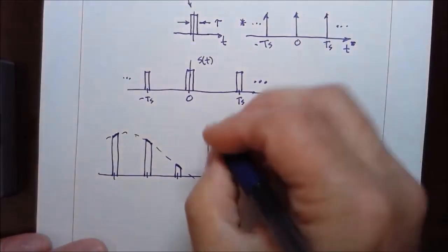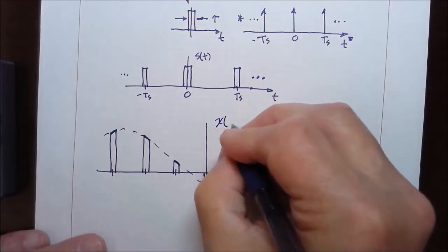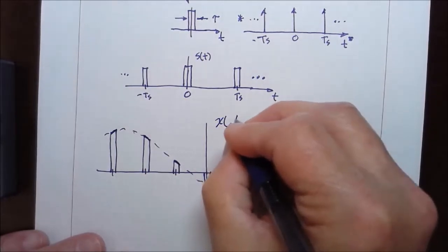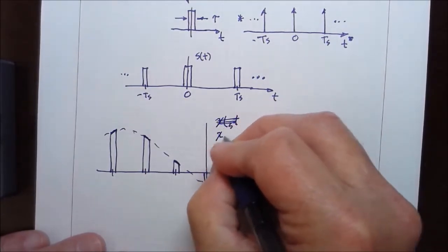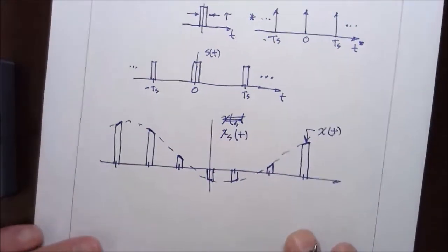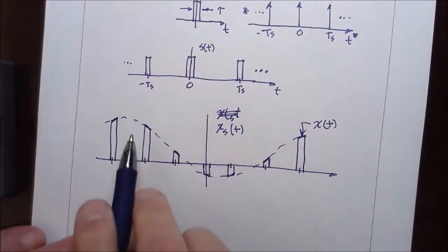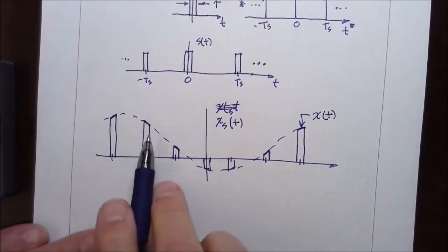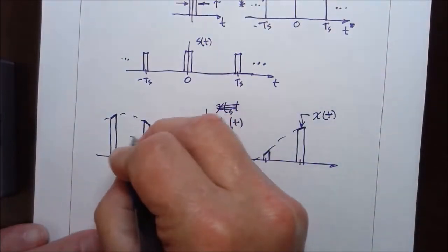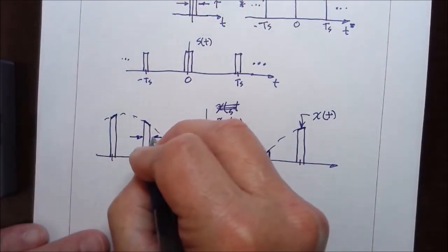So this now is the sampled function, x sub s of t. It is now a train of these thin or narrow rectangles.